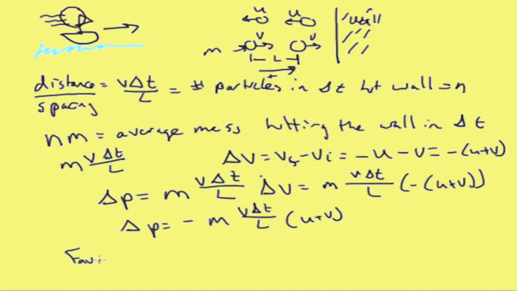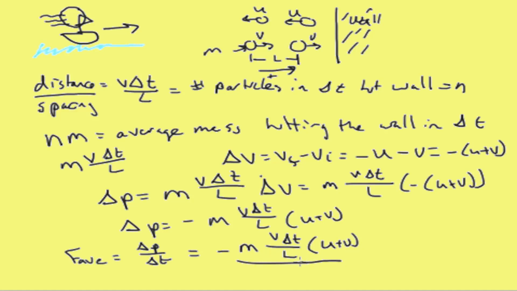So the average force will be delta p over delta t. So we're going to have minus m v delta t all over L times u plus v, all of this over delta t, where the delta t's will cancel. We're just going to have minus m v over L times u plus v. And then this is the average force that is exerted on the massive particles.